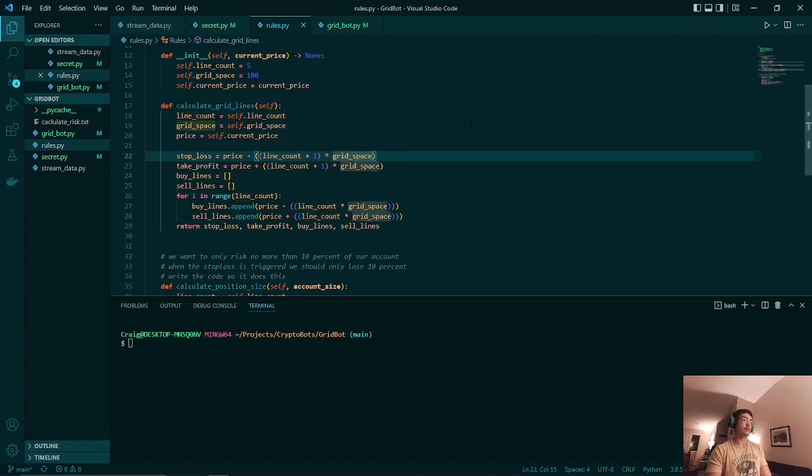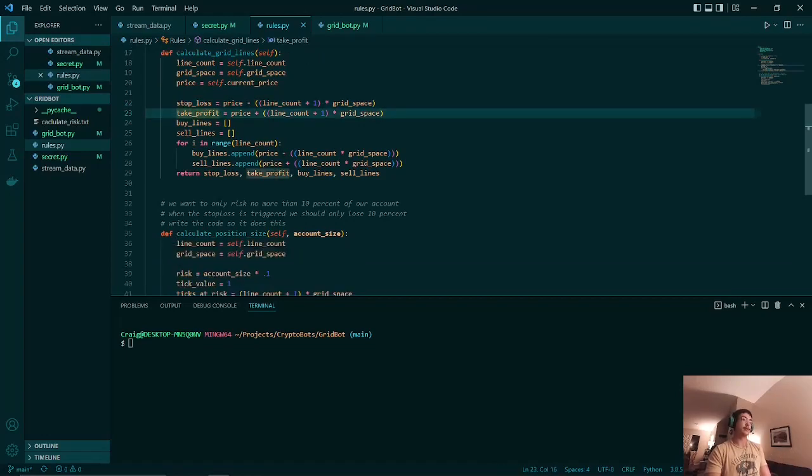This will set our stop loss just below the lowest grid line, and our take profit just above the highest grid line. After that, we will set up our buy and sell lines, and then we'll return our take profit, stop loss, and all of the grid lines for our bot to use.